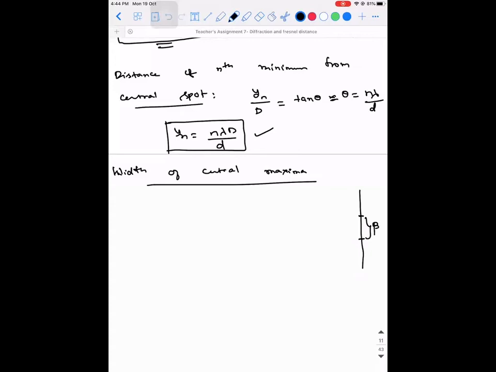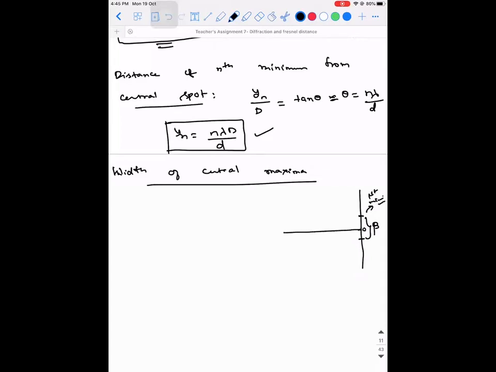Can I say the central maxima is lying between two dark spots, where one is taken on the top and the second is taken at the bottom? And which number does this dark spot take? It is the first minimum. Correct?